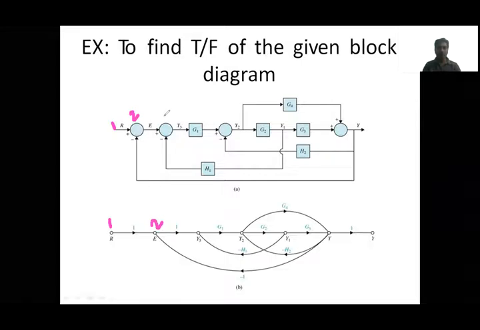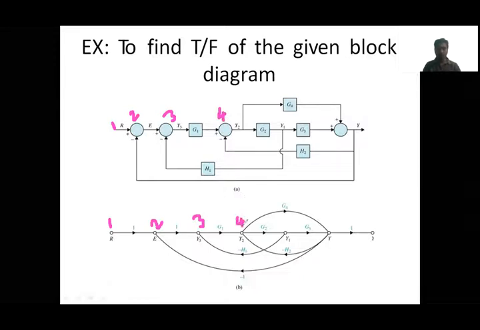The next summing point is considered as the third node here. At this 2 to 3, what is the signal? Nothing is there, it is a straight line, so gain is 1. Next here, the fourth node, a summing point, is taken as the fourth node.